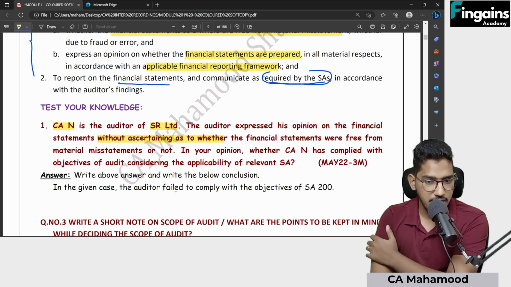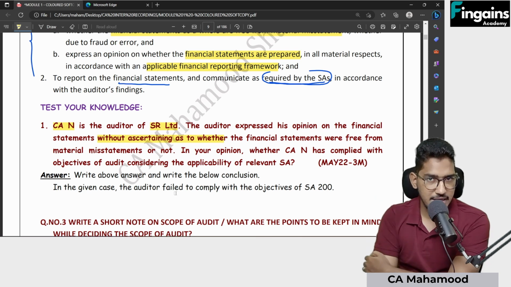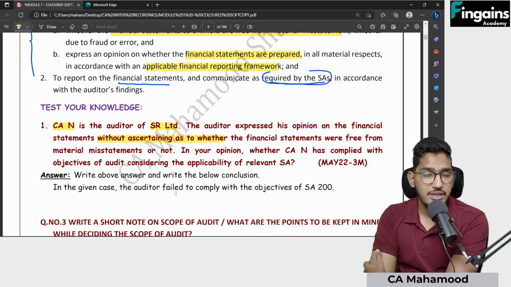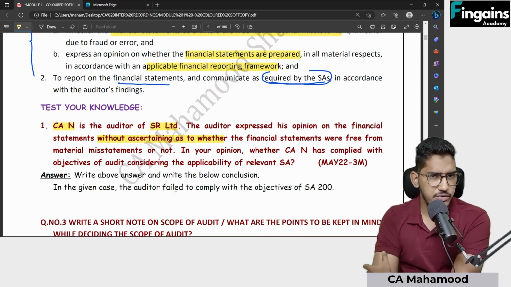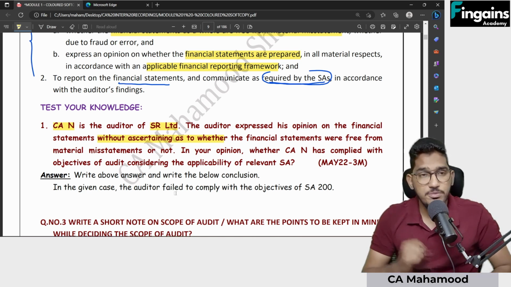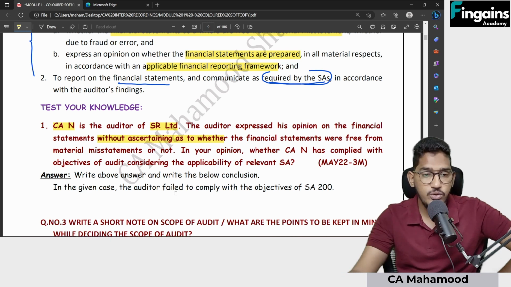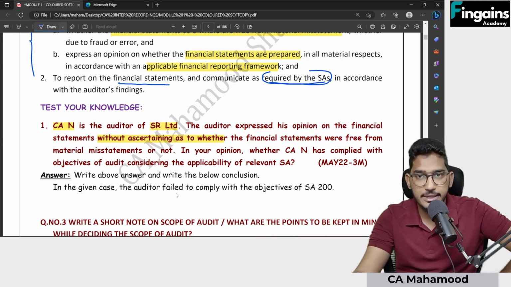In your opinion, whether CAN has complied with the objectives of the audit, considering the applicability of relevant standard? So keeping in mind what the auditor has done, they are asking your comment. Did the auditor comply with the objectives of the relevant standard? No. Which standard's objective did he not comply with? SA 200's objective. Why?